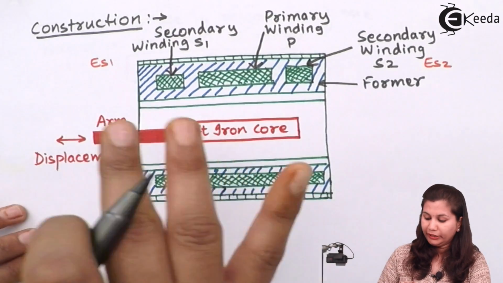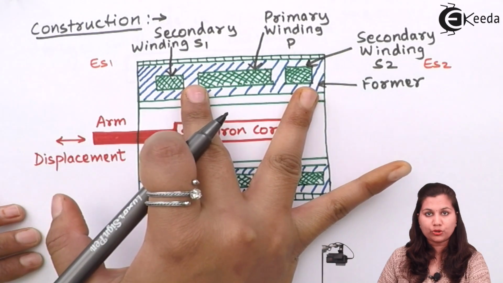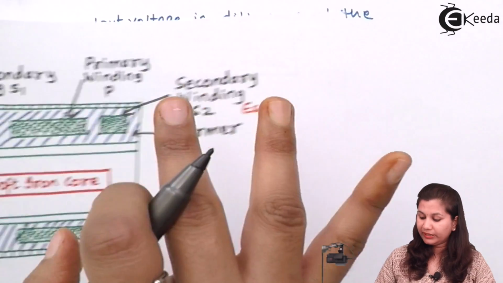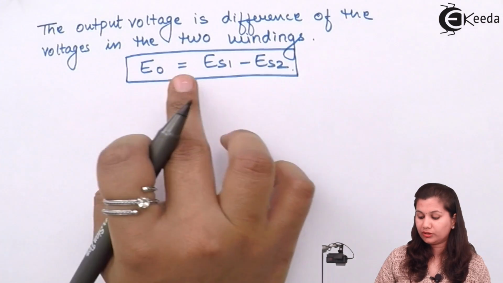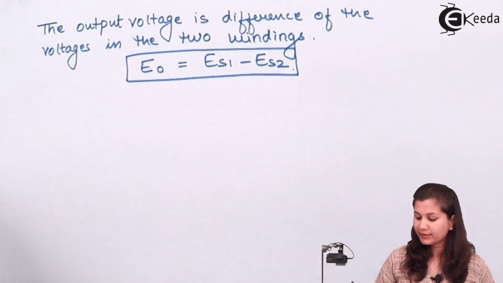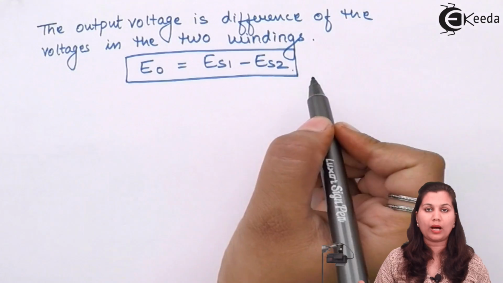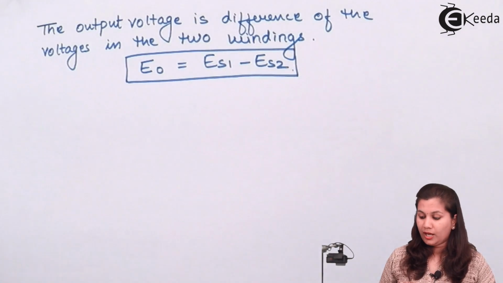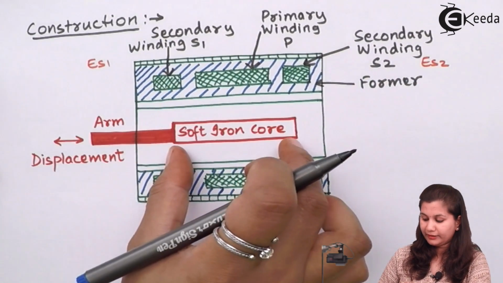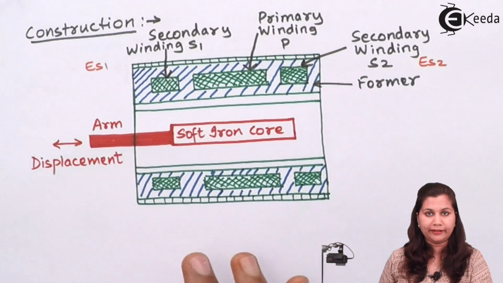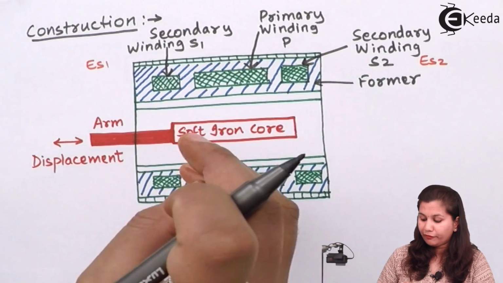So equal voltages will be induced in these two secondary windings, and the output voltage will be 0, because ES1 is equal to ES2 at the null position.